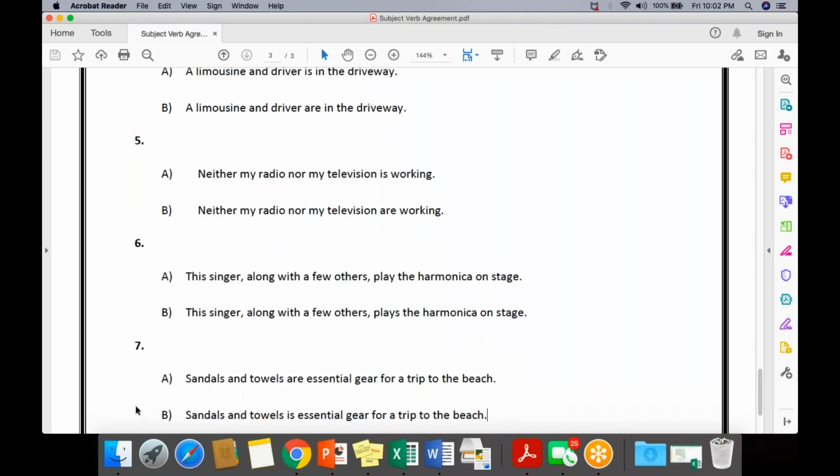Last question. Easy. Question number 7. Perfect. Yes, correct. It is. Sandals and towels are essential gear for a trip to the beach.